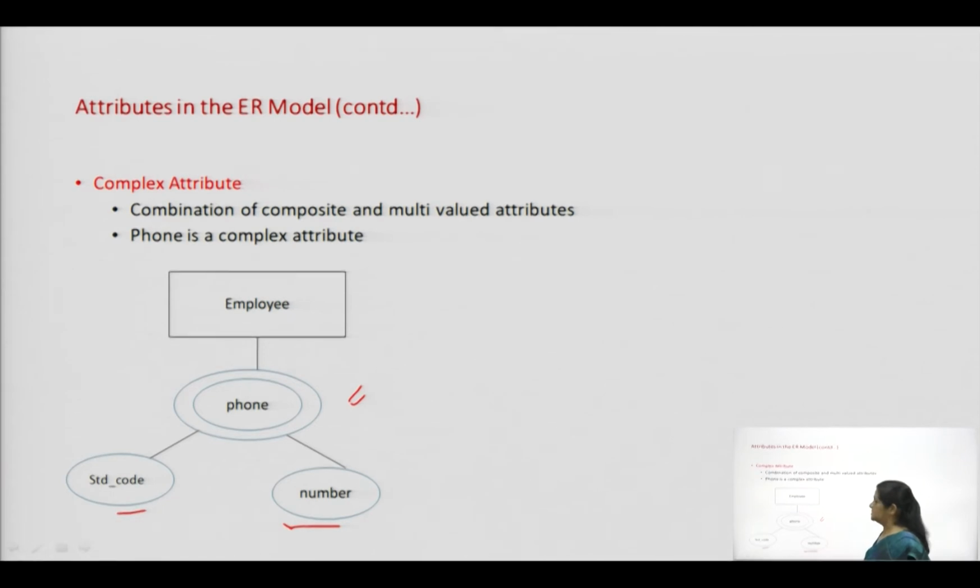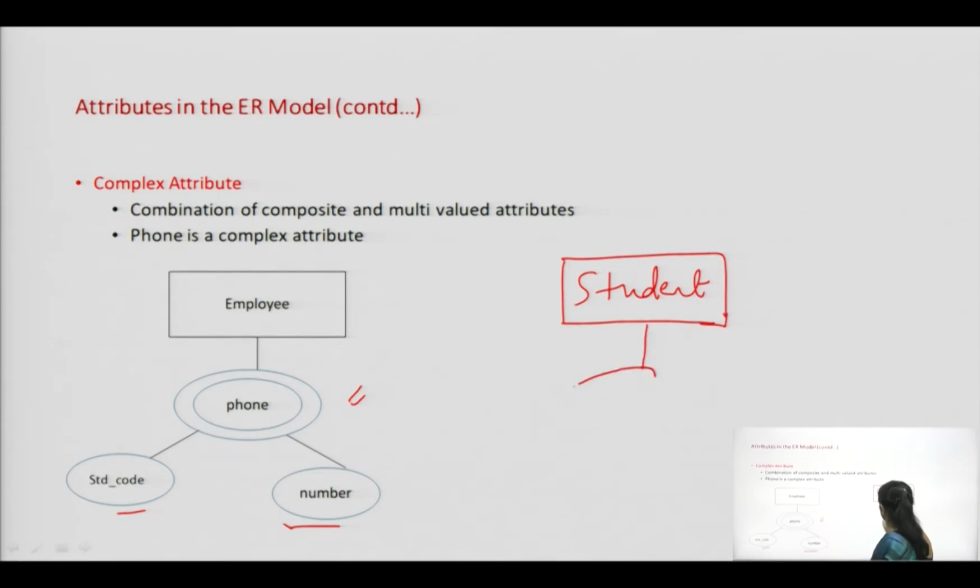Because it is consisting of two parts, the STD code and the number, right. We can say that there is a student, the student may have two addresses.